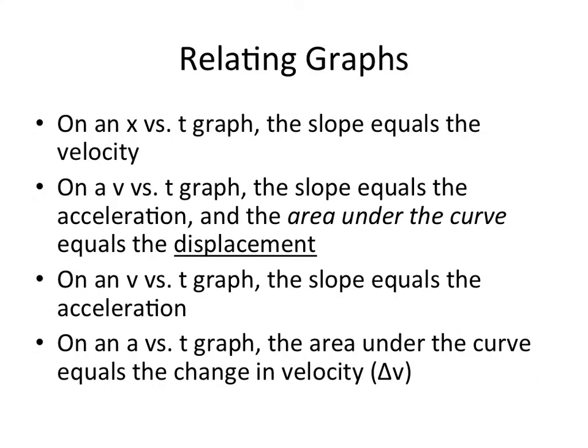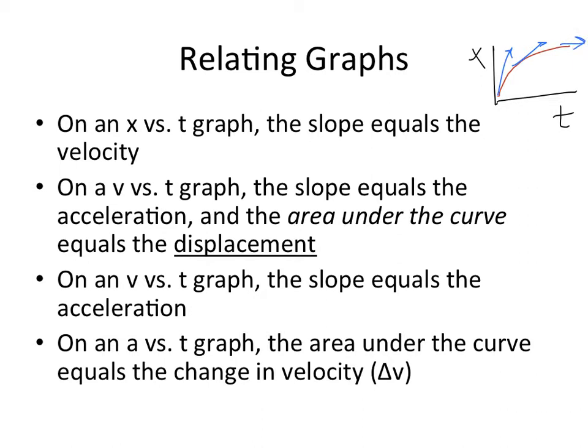So if we look at these graphs, they tell us a couple different things. I think we pointed this out before, that on a position versus time graph, there's position and there's our time, or displacement versus time, I should say, the slope equals the velocity. So right here we've got a high slope, we've got a negative slope, and no slope right there.